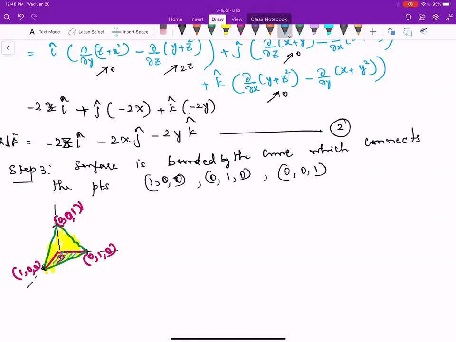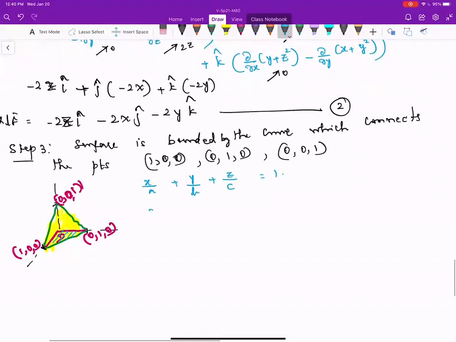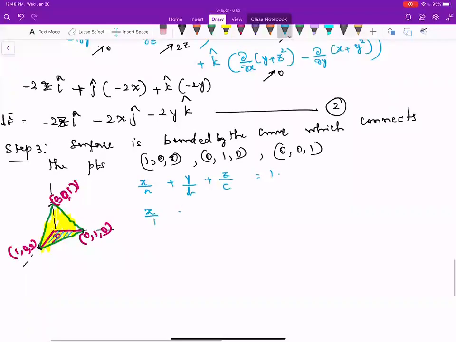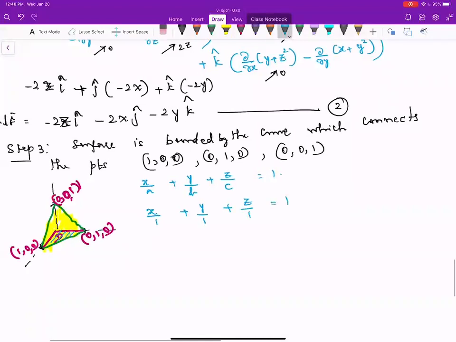So what is the equation of the surface? The equation of the surface is a plane. You know that it can be written as x/a plus y/b plus z/c equal to 1, where it intersects the x-axis at 1, y-axis at 1, z-axis at 1. So the equation of the plane is x plus y plus z equal to 1.